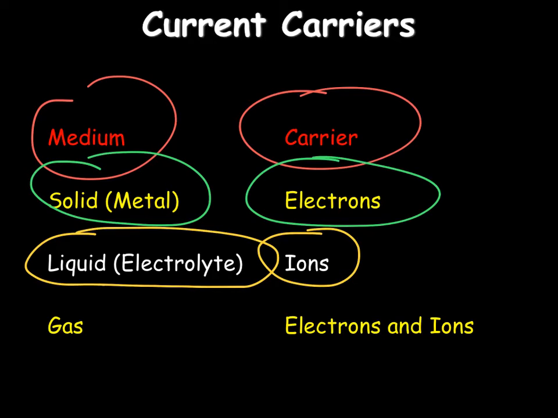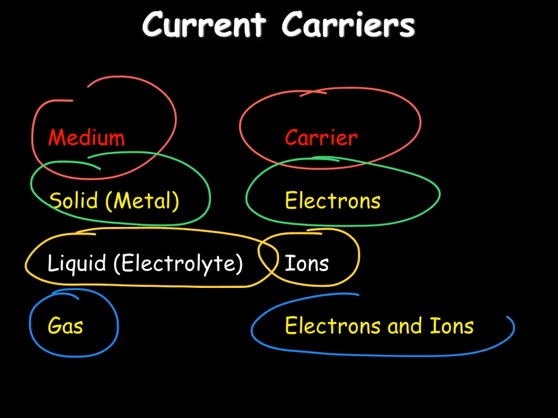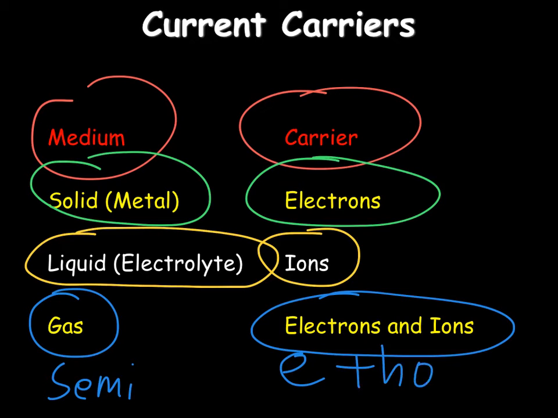And fascinatingly, in a gas, both electrons and ions carry the charge. But the other one that is not present, and I will scratch in at the bottom, is of course the semis. A semiconductor, it's electrons and holes.